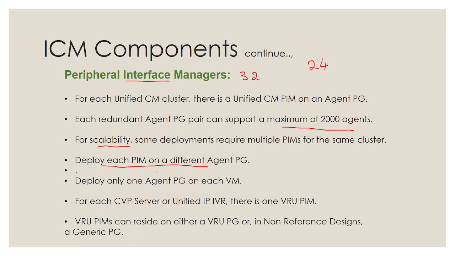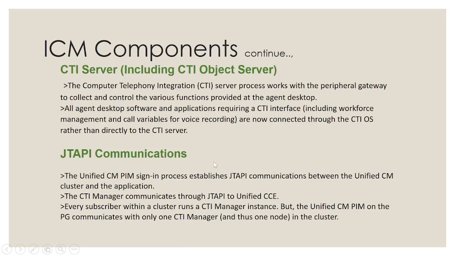VRU PIMs can reside on either VRU PG or in a generic PG, but it has to be Cisco's CVP and CUCM. You cannot mix CVP with Avaya or any other third-party ACD. This is a special case. I will show you the configuration at the end, like what I am talking about. Let's move to the next slide now.